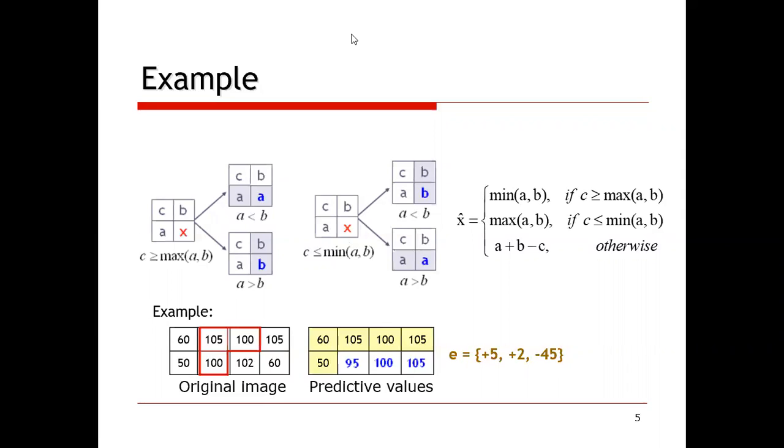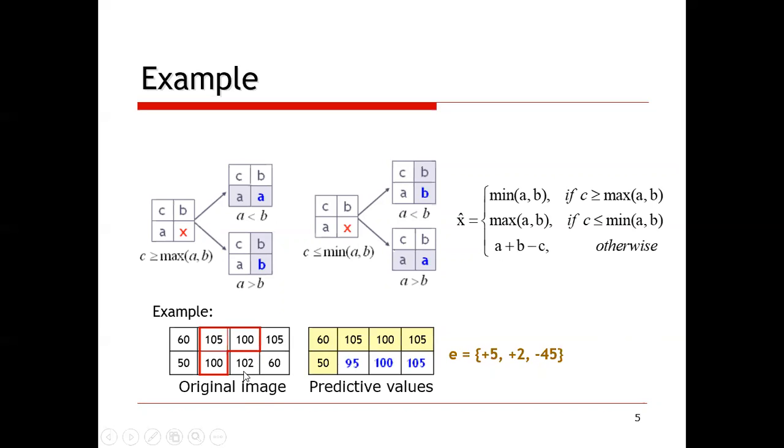In this way, we again find the predicted value of 102. If you want to find the predicted value of pixel 102, then again apply the formula. If c is greater than or equal to the maximum of a comma b, the maximum value is 100, and 105 is greater than 100.